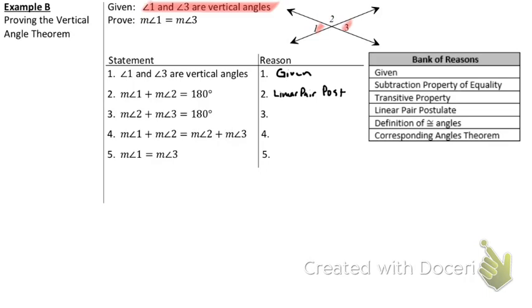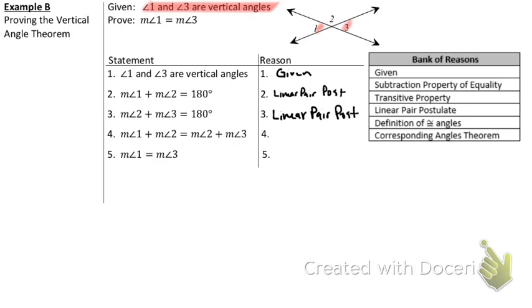And that's what statement 3 is saying. 2 and 3 are also a linear pair. So I can then say the reason for step 3 is linear pair postulate again. And linear pairs always add up to 180, and that's why we have this statement.